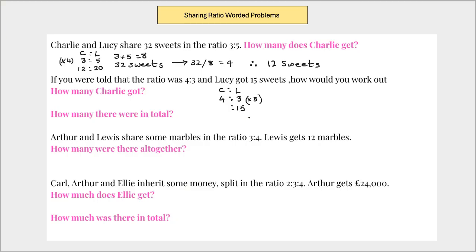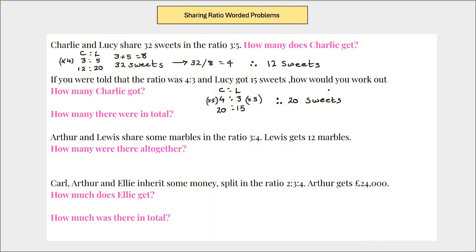So then what do we do? We now need to find out how many Charlie has. Well, we're timesing it by 5, as you do. That is how you would work out how many sweets that Charlie gets. Therefore, Charlie gets 20 sweets.